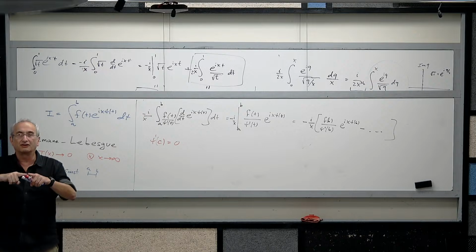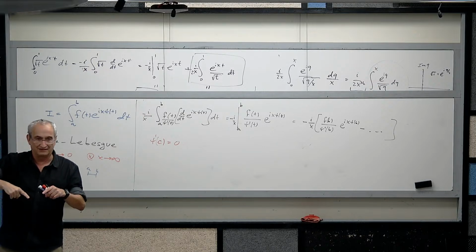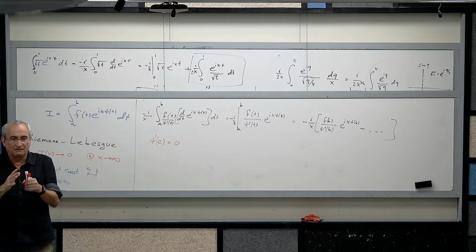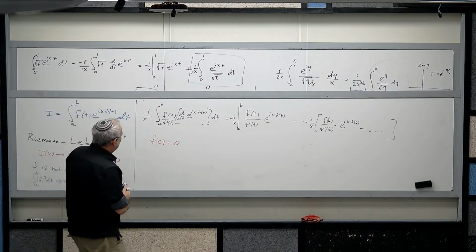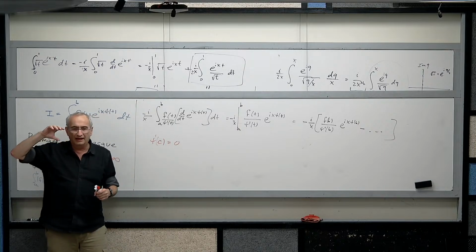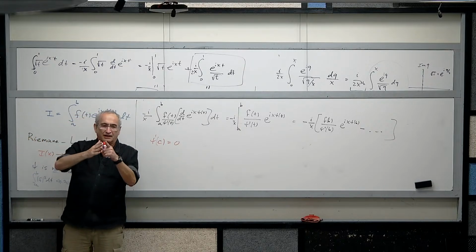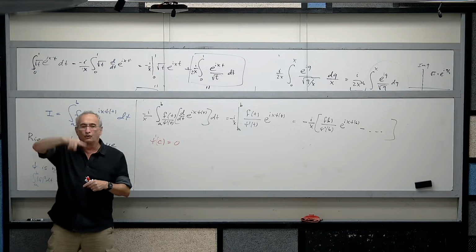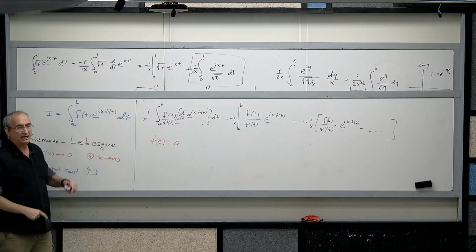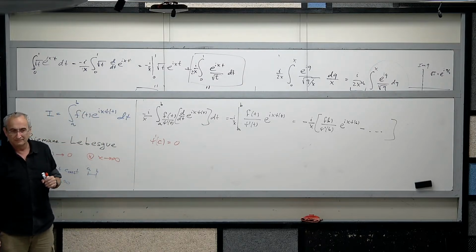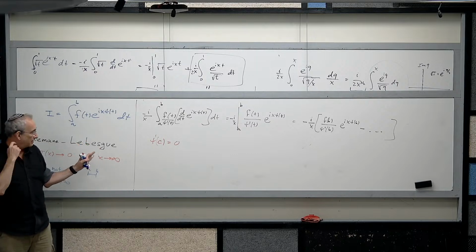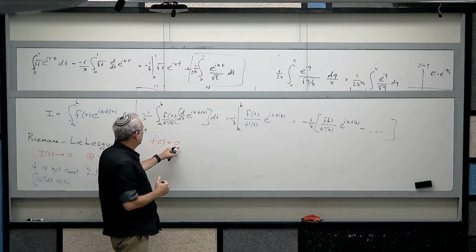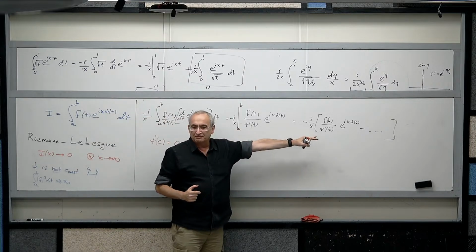The point is not that you have a huge peak that gives you the only contribution to the integral. The point here is that you have a location along the interval between A and B where the oscillations are slower. Are you with me? Okay? So this is the case where the integration by parts fails.